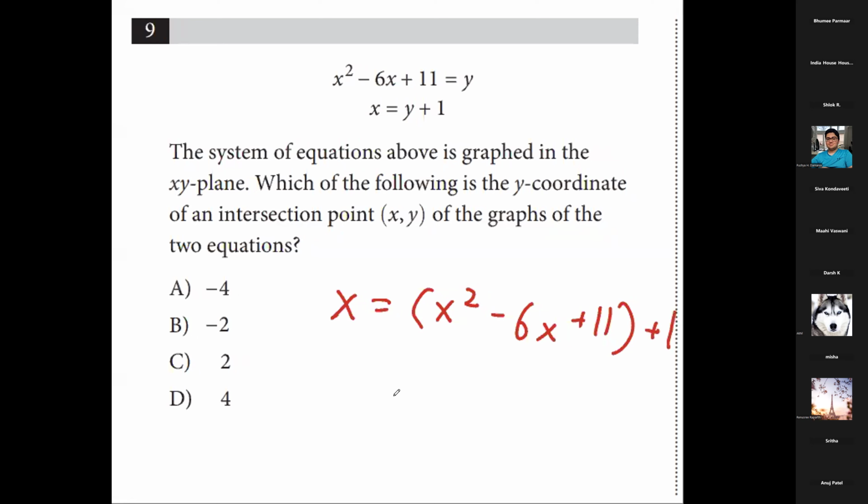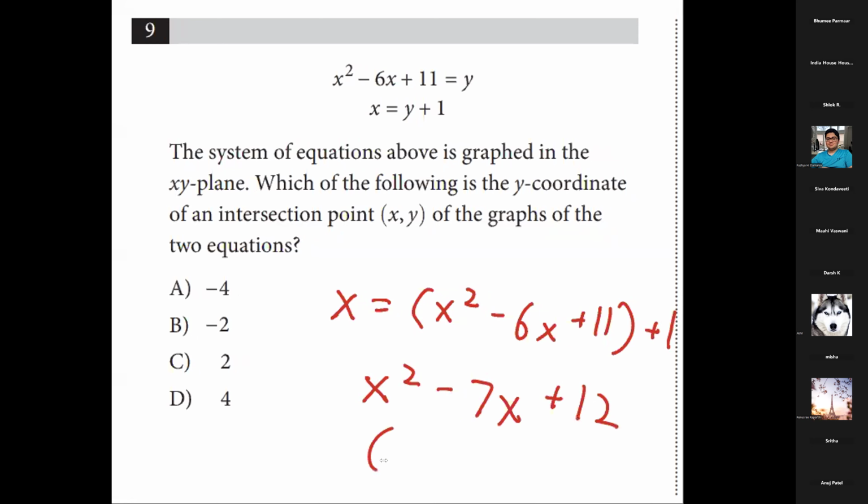And then, well, we can just solve the quadratic. So first, let's just simplify. So that would be x squared, and then we subtract x from both sides. So that gets us minus 7x, and then 11 plus 1 is plus 12.